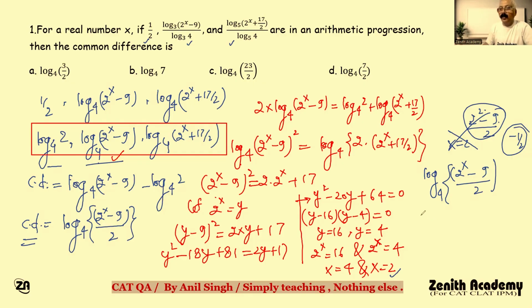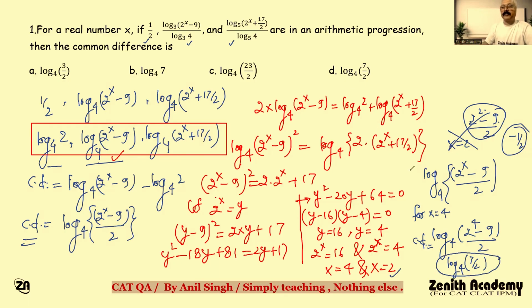So for x is equal to 4, log of (2 to the power 4 minus 9) by 2 to base 4 means the common difference is log of 7 by 2 to base 4.